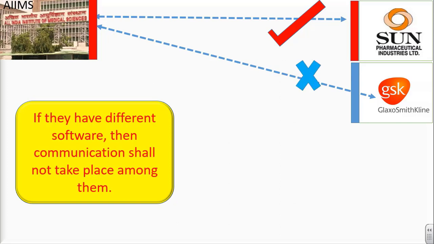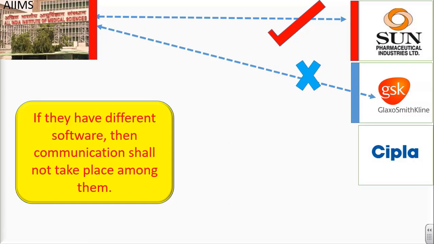Here the color shows the same type of software. Red color shows that Sun and AIIMS have got the same type of software, whereas the blue color shows that GlaxoSmithKline has got a different type of software. So GlaxoSmithKline and AIIMS, their computers cannot communicate with each other.